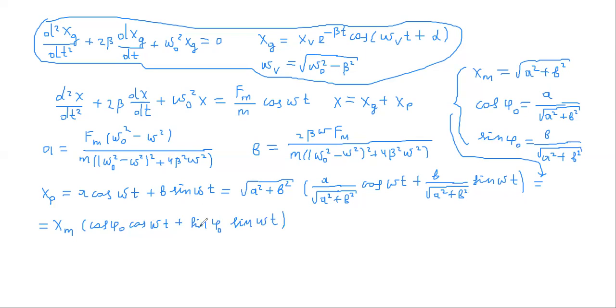And this can be transformed by a well-known trigonometric formula. This will be xm multiplied by cosine of omega t minus phi 0.